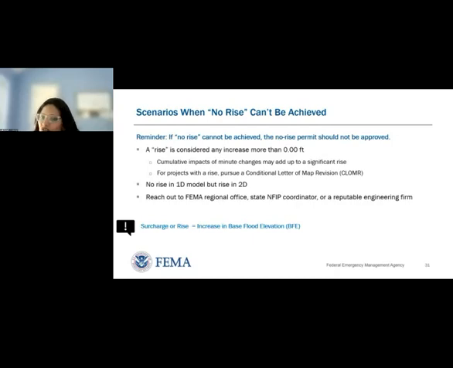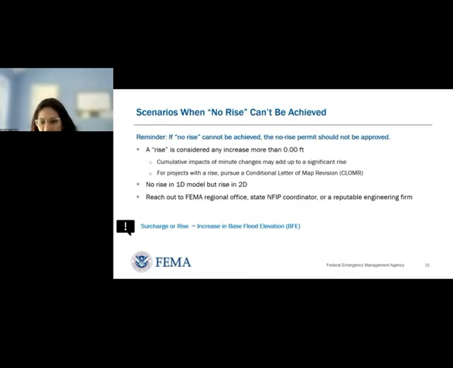So sometimes you cannot get a no-rise, even though you might get a no-rise in a 1D model at the same location. For projects with a rise, a CLOMR is required based on 44 CFR 65.12 and 60.3(d)(4).